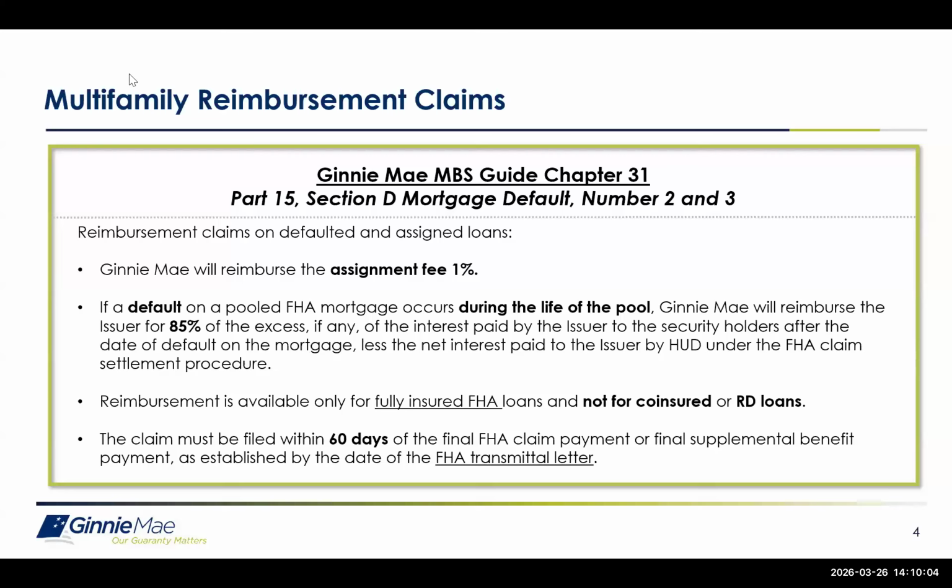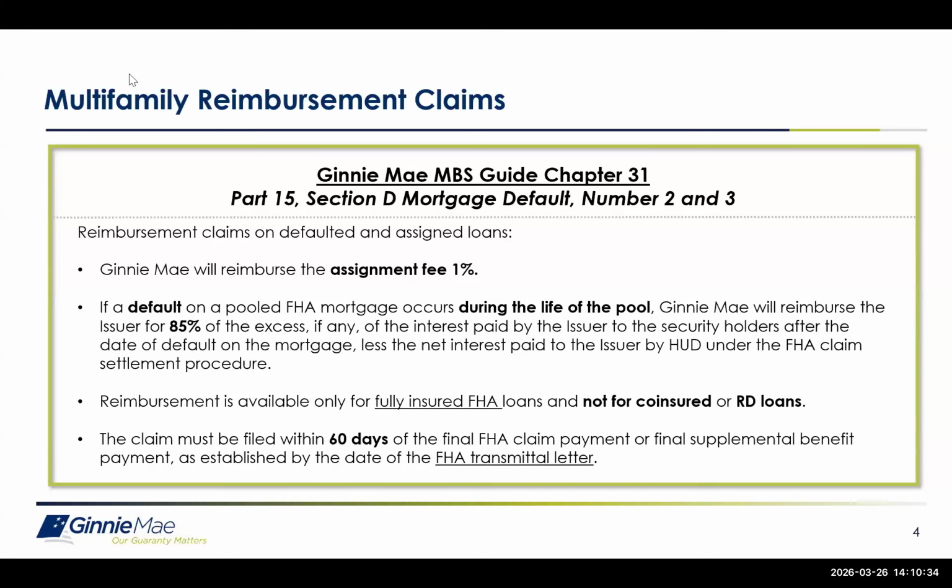The claim must be submitted to Ginnie Mae within 60 days. And when we say 60 days, we mean calendar days. I'll just put it out there. We have denied claims on the 61st day. So we need it to be within 60 days. And it's based on the final settlement date as established by the FHA transmittal letter.